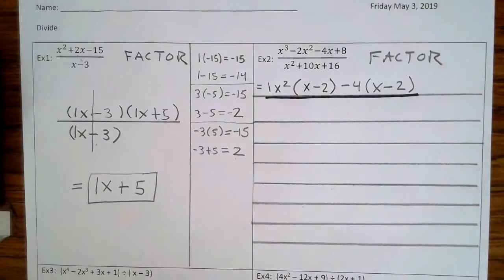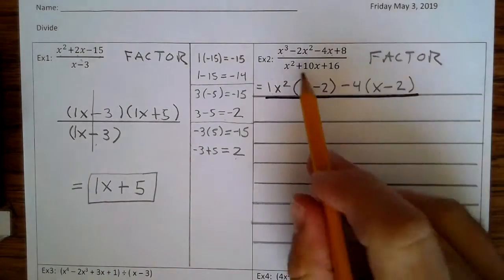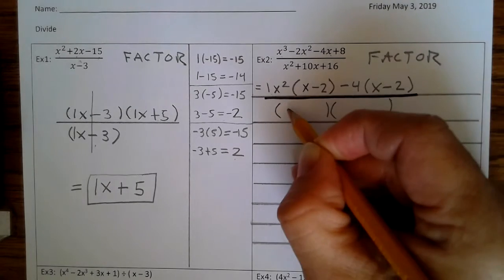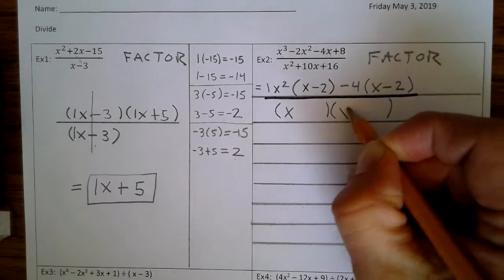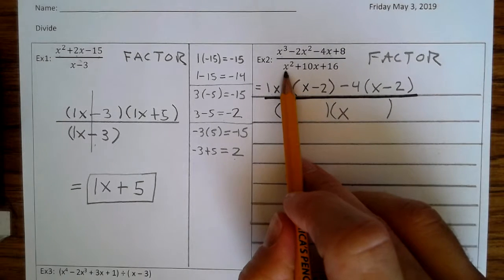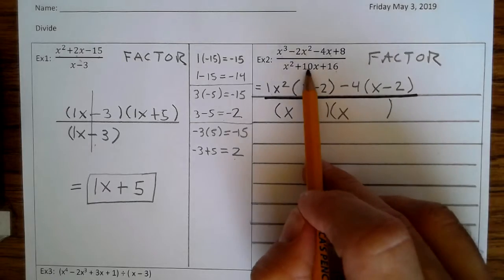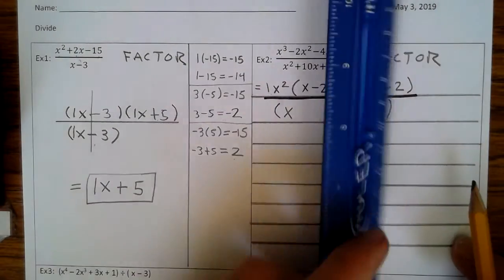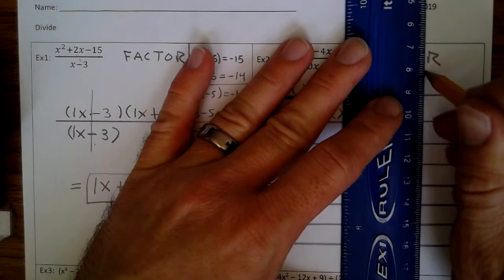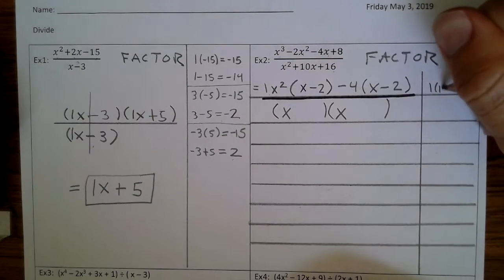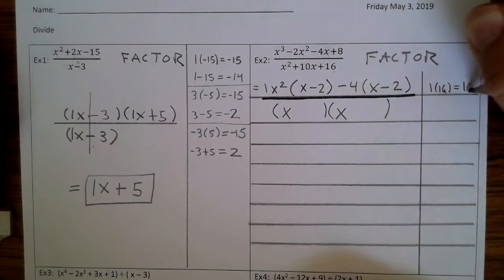now to factor this, we have 2 parentheses. We know that x and x make x squared. Now we need to find all the combinations that multiply to give you 16 and combine to be 10. So we know that 1 times 16 is 16. 1 plus 16 is 17.